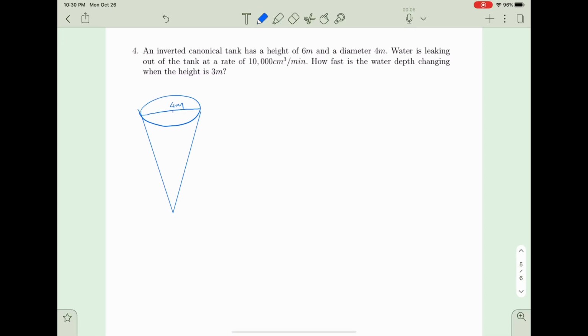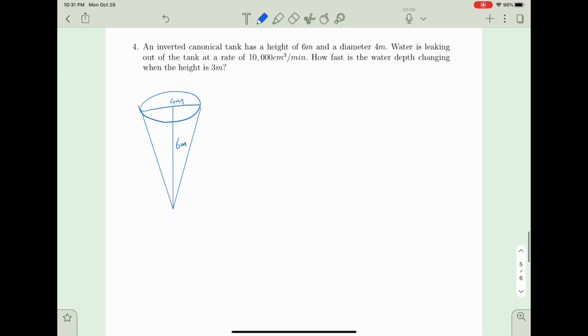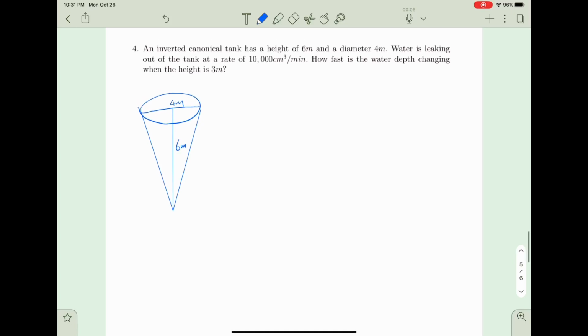And the height here is 6 meters. If we look at this as a two-dimensional picture, then it's like that, a triangle. And we know the diameter is 4, right?